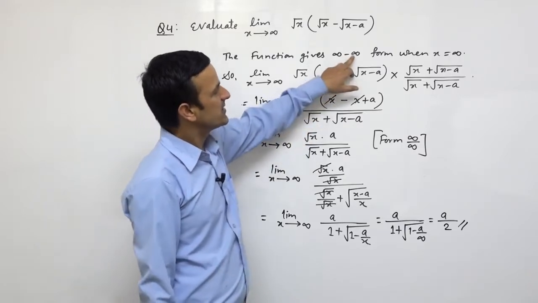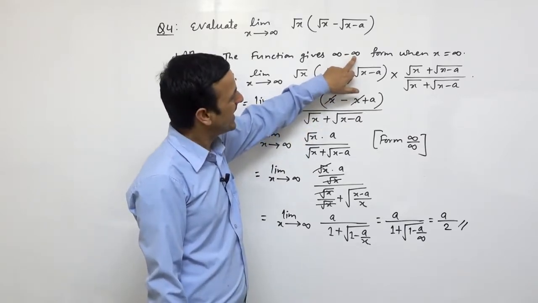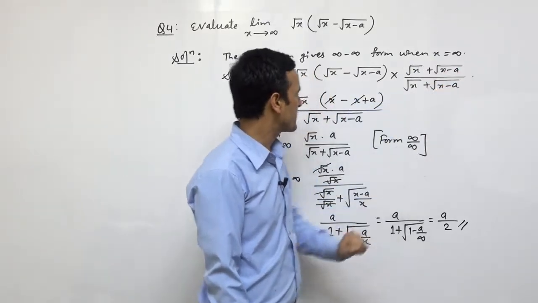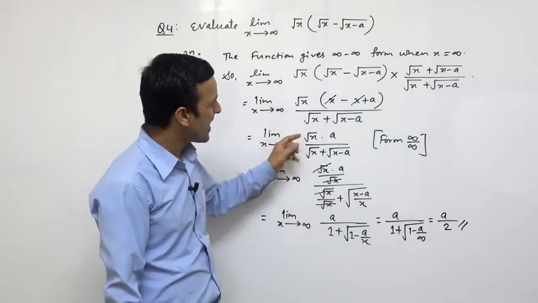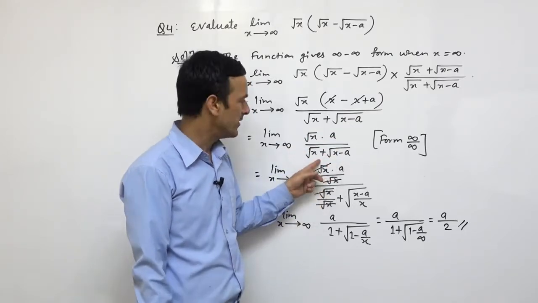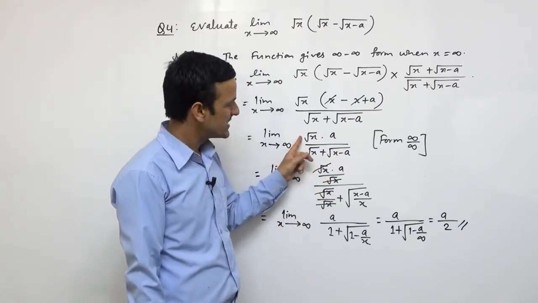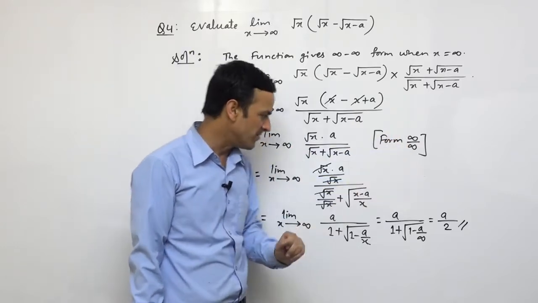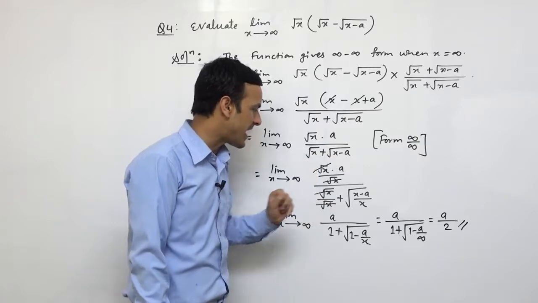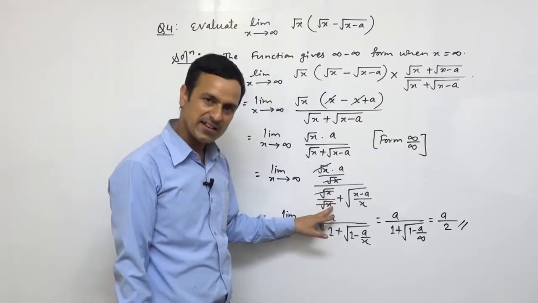First of all, this form we can see, and for this we have to take the conjugate. Then we have root x in numerator and denominator as well. So to remove this infinity by infinity form, we again divide the numerator and denominator by the highest power of x.